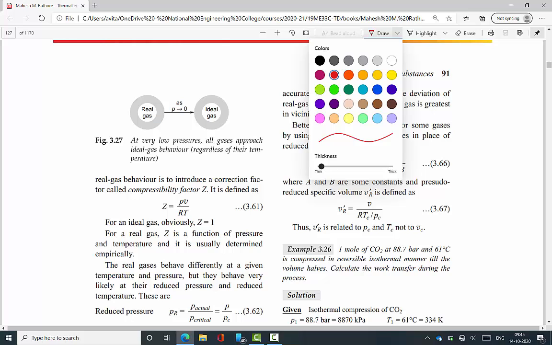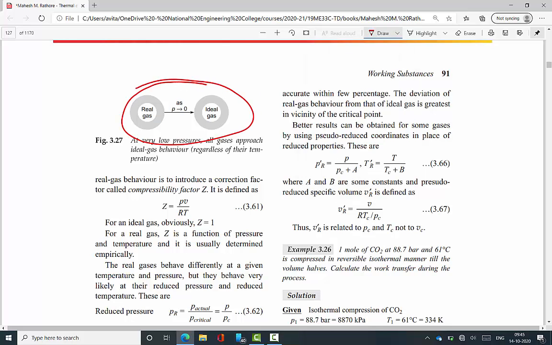Then see the diagram. The real gas approaches the ideal gas as the change in pressure goes lower; at low pressure, P tends to 0, and it is equal to the ideal gas.